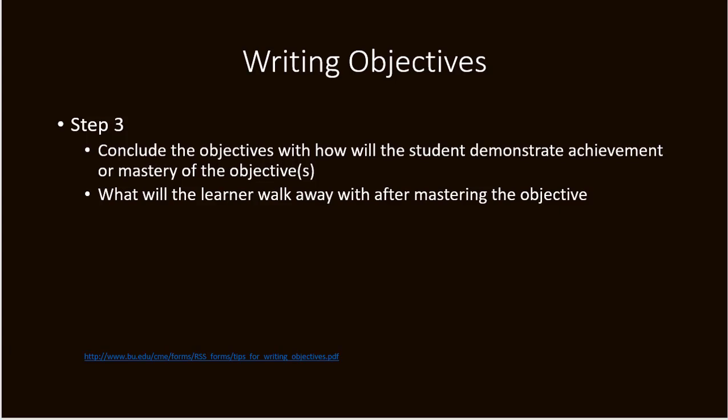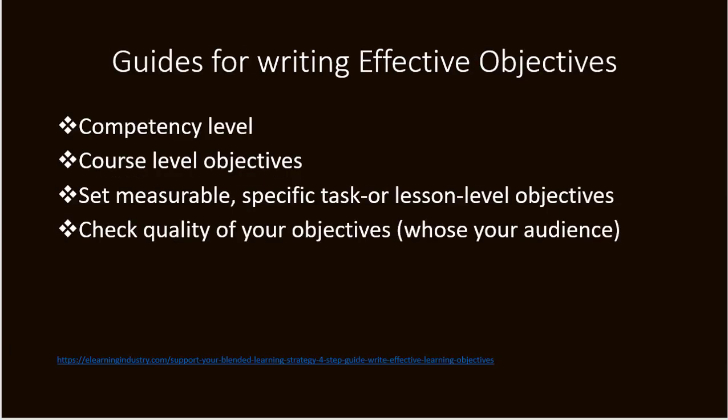Some of the problems we run into are when people try to create something too abstract, more subjective. For example, understand. The student will understand the importance of washing hands. Well, how do I know what percentage the student understood? 20%? 100%? So when you write your objectives, think about the competency level, think about the course level objectives, set measurable, observable, specific tasks or lesson level objectives, and of course, check the quality of your objective.